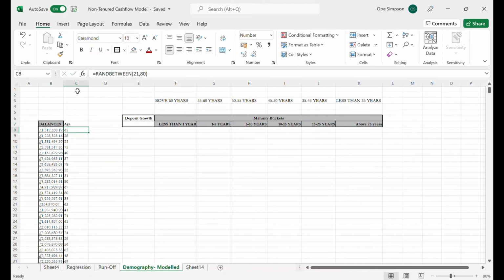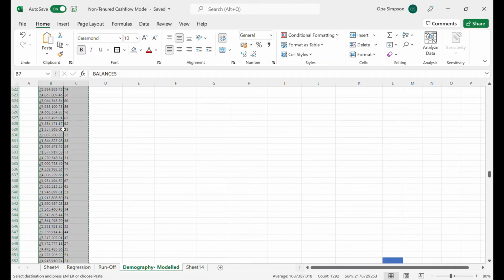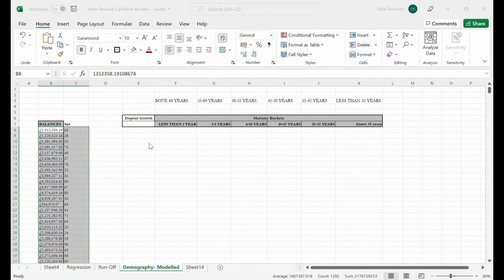Hold on, so that it doesn't keep changing, I'll make this constant. And then we arrange these individuals by age.